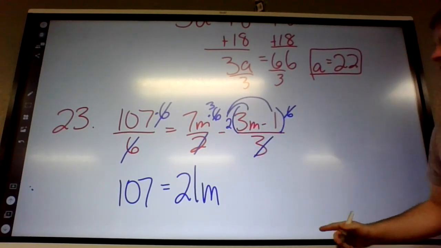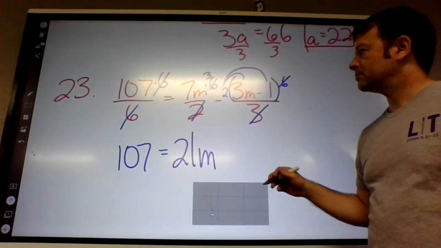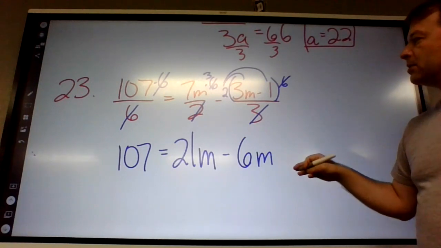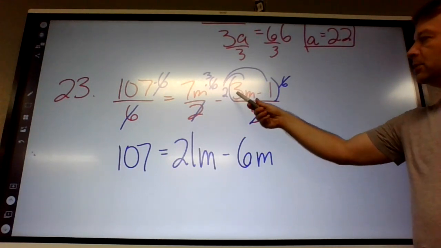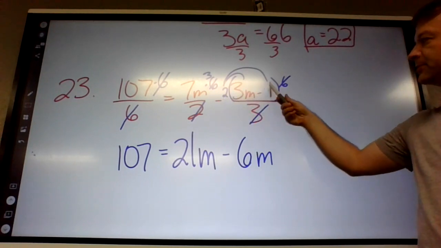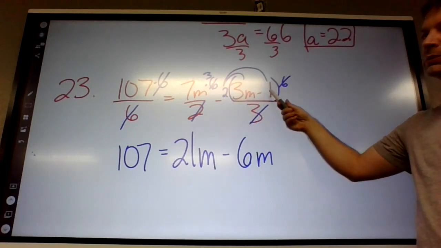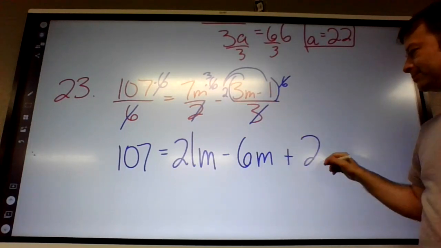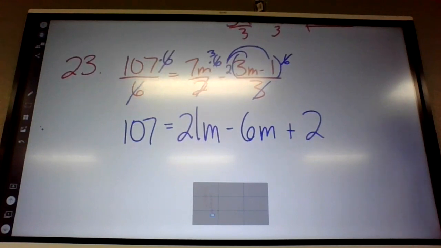So would it be negative 6m minus 1, or minus 6? So we got negative 2 times negative 1, so it would be plus 2. Yeah. Okay, now what?